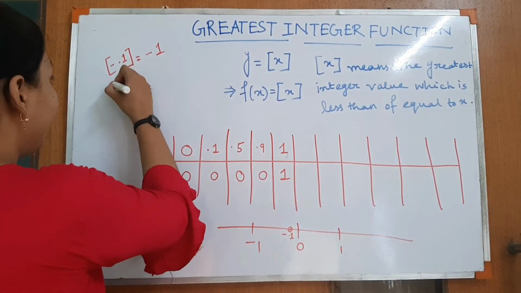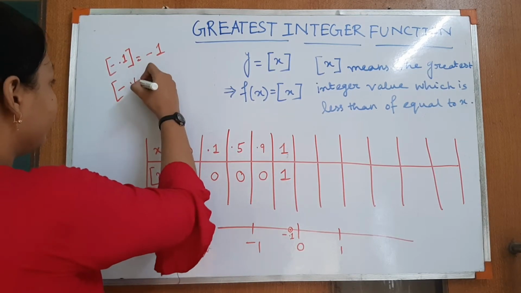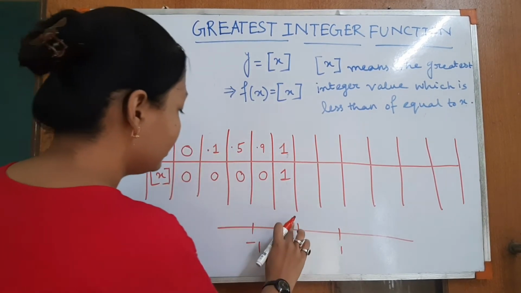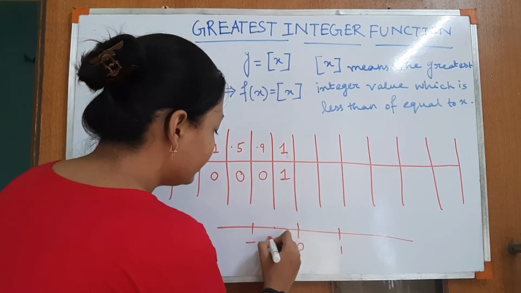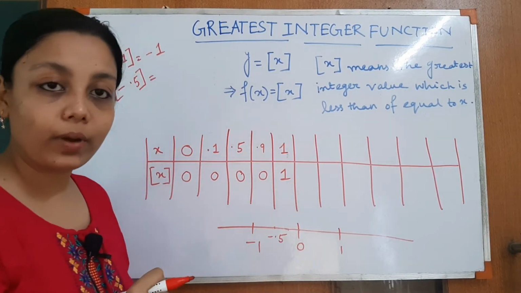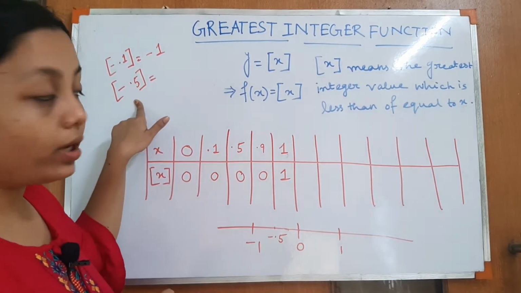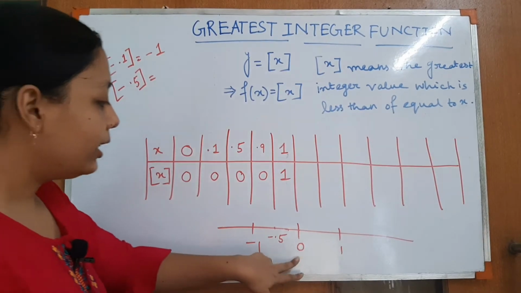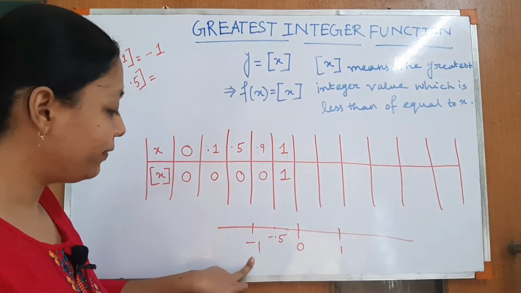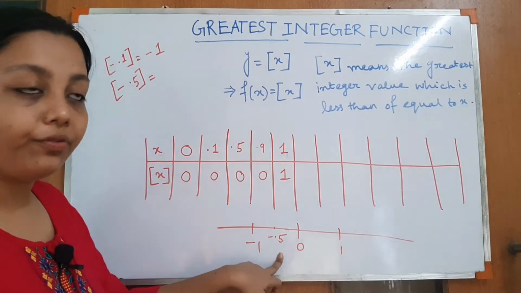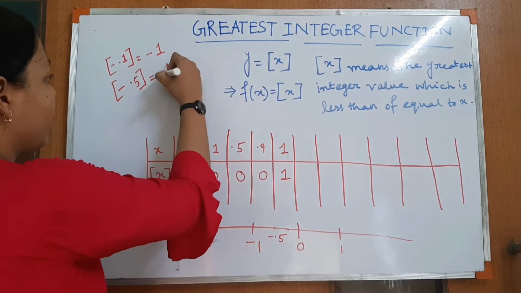Also, if we take minus 0.2 or minus 0.5, minus 0.5 lies between 0 and minus 1. If we take 0 as the value of the box function, then it is greater than minus 0.5, and if we take minus 1, then it is less than minus 0.5. So the value for minus 0.5 is minus 1.